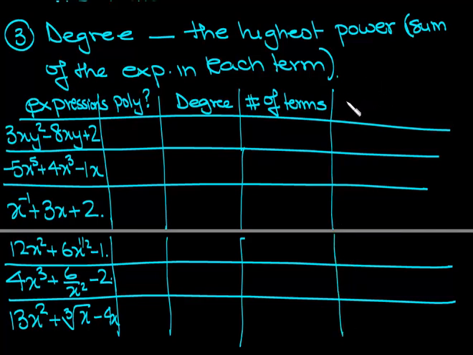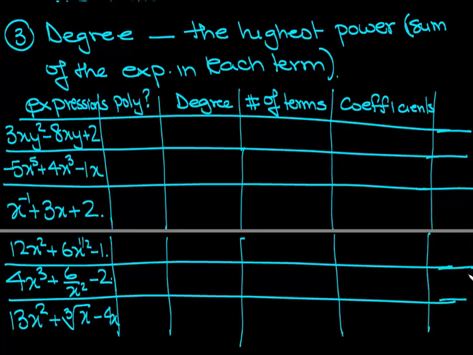And then the last thing is we want to figure out the coefficients. And sometimes you can also have another thing that you need to know, something called the constant term. The constant term is a term that doesn't have a variable in it.